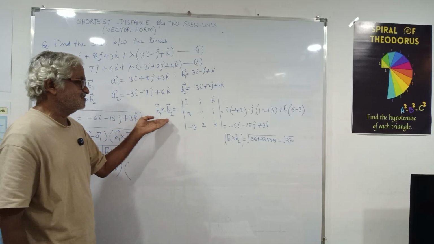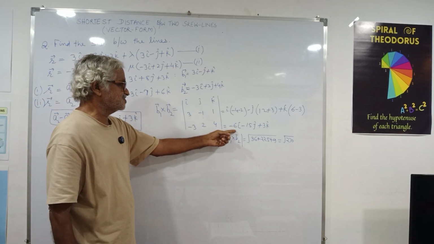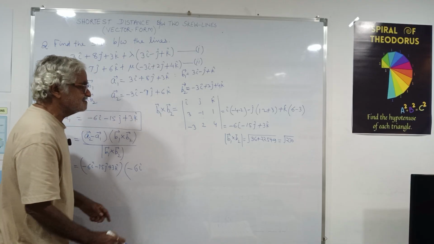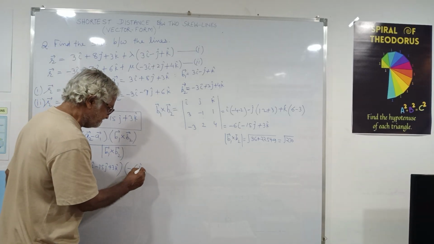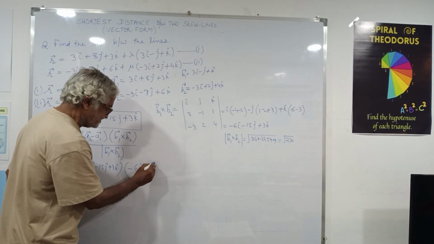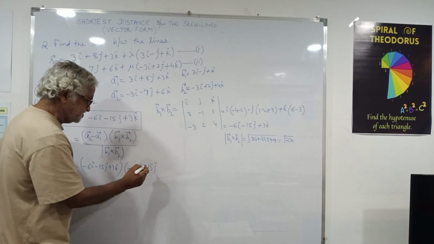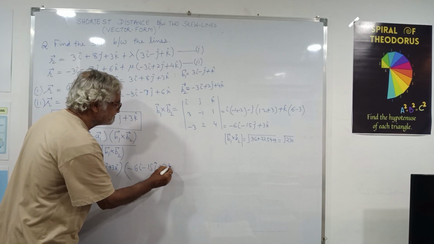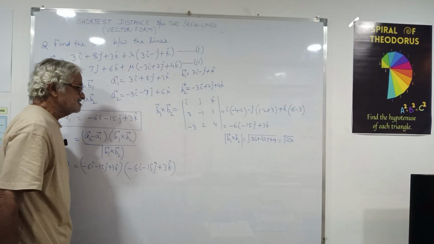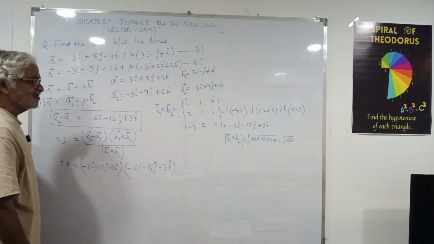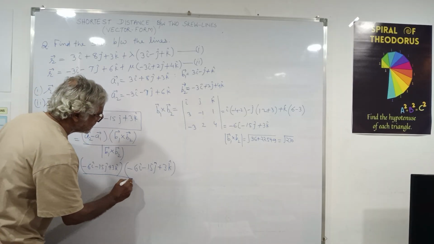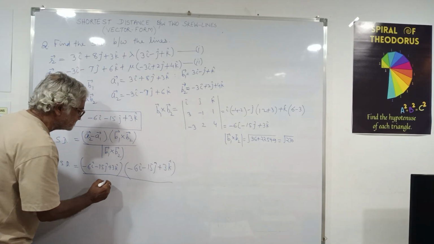We have b1 cross b2 minus 6I cap minus 15J cap plus 3K cap, divided by mod of b1 cross b2. So mod of b1 cross b2 is under root 270.